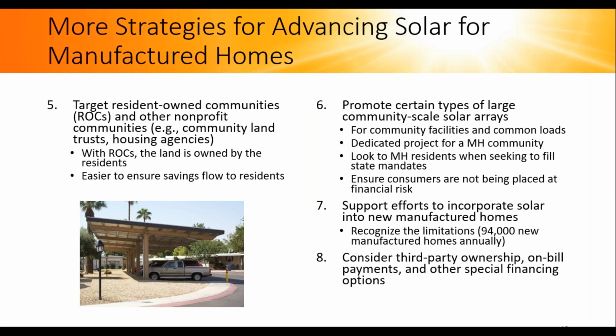Only about 94,000 are shipped to market annually. When you compare that to the 8.5 million manufactured homes that are already out there across the country, we're not going to reach a high percentage of this market by only targeting the new homes.